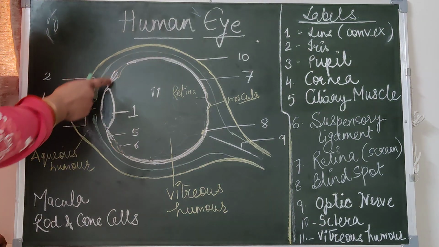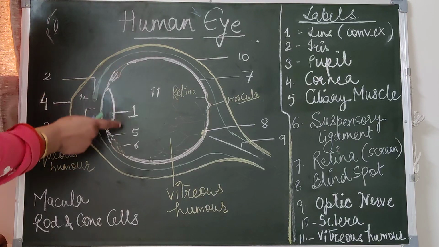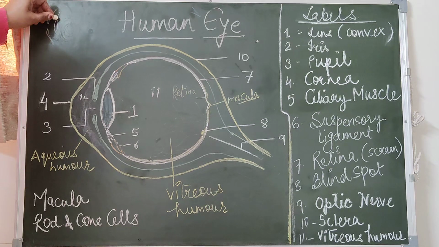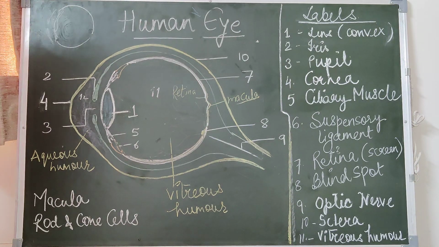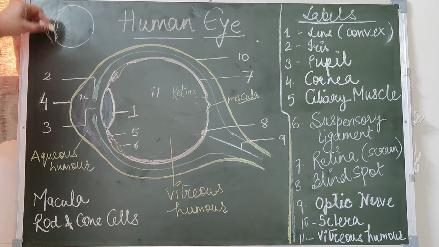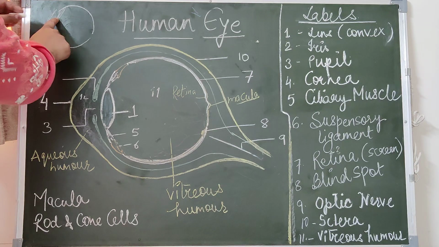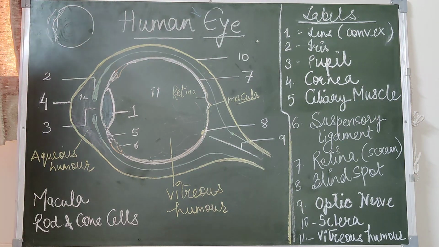Yes, it has been held up by ciliary muscles and suspensory ligaments. So ciliary muscles and suspensory ligaments give the eye its shape, and this is a spherical ball-like structure that we get, and this is how, let me highlight the lens again, and this is how this lens works.